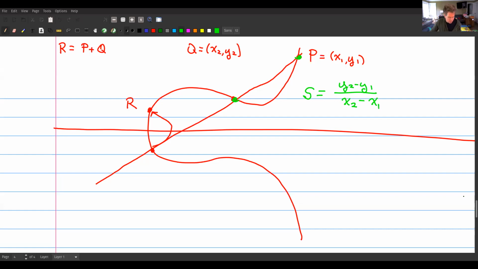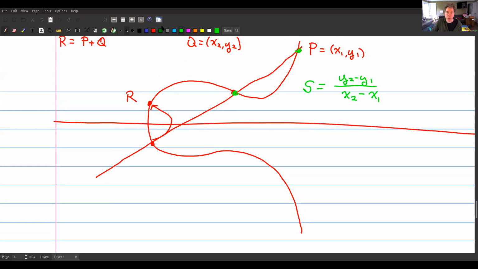Okay, and now what would you do? Now you can use point slope form to define that line. Trust me, I'm not going to go far with this. I just want to kind of get us started here. So if we use point slope form to express this line, then what we would get is y minus y1 is equal to s times x minus x1.